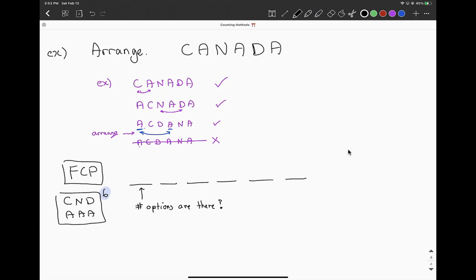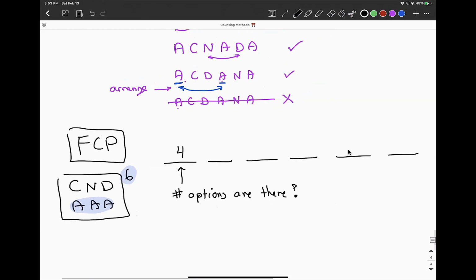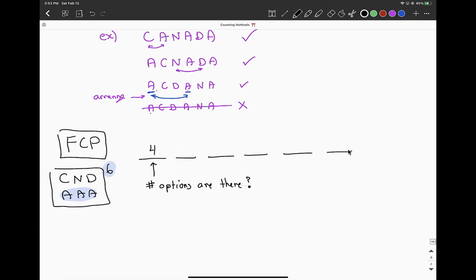I could not try to pick apart this information. I could not try to summarize that as one choice, and I would not want to say that there are currently 4 options, the C, N, D, A. Now, this could make sense, but it's not really going to get us to a calculation that works.